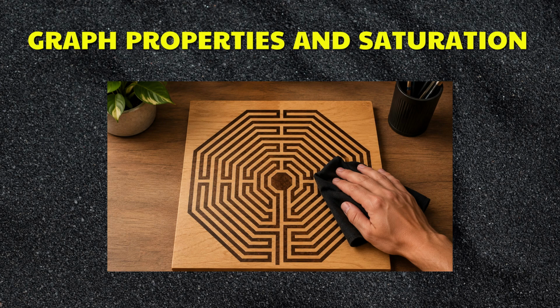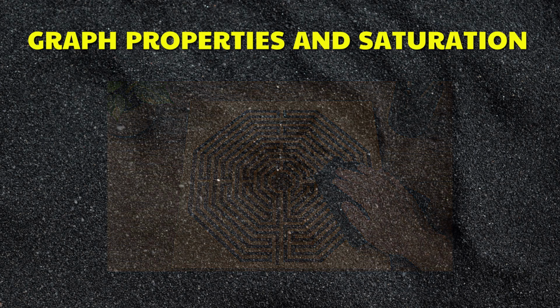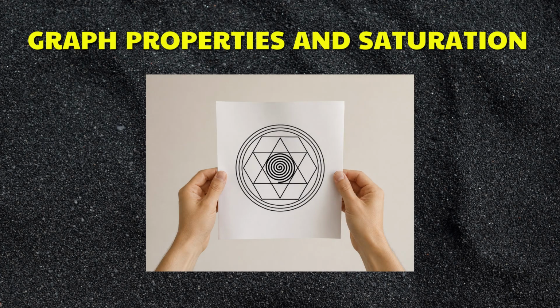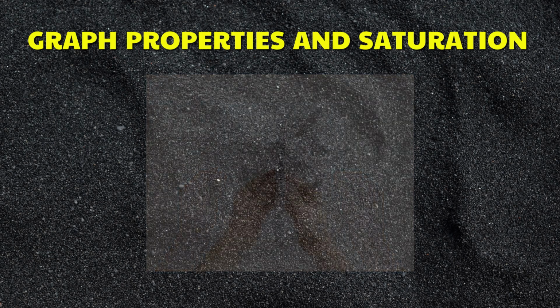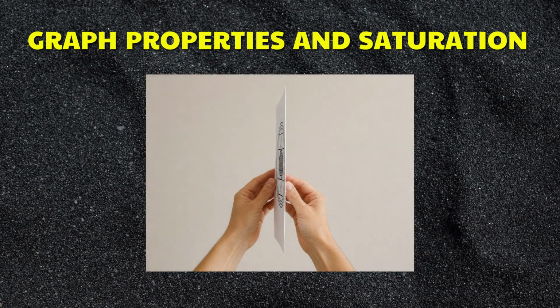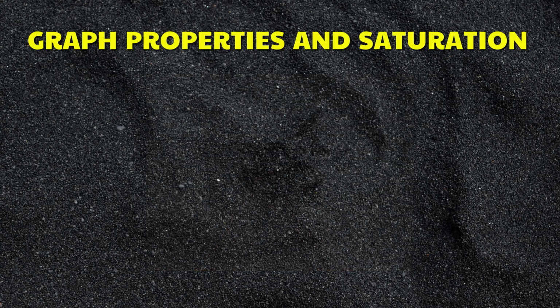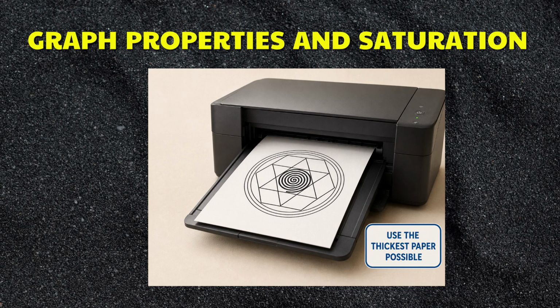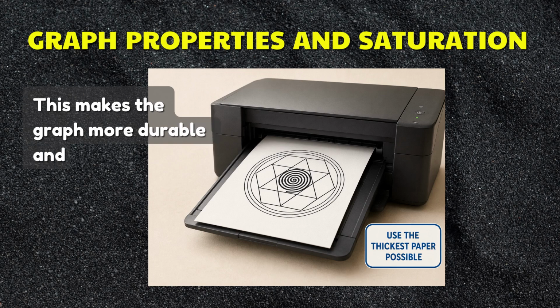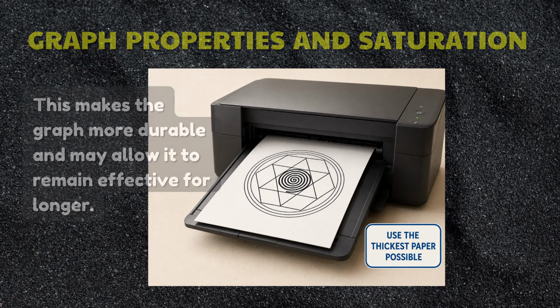And I am talking years here. Paper graphs, on the other hand, are more susceptible to saturation because they have very little physical volume. When I print a graph, I use the thickest paper my printer can safely handle. This makes the graph more durable and may allow it to remain effective for longer.